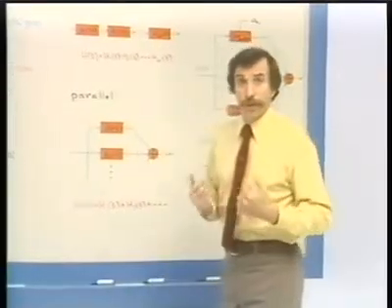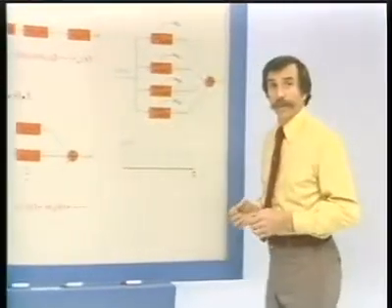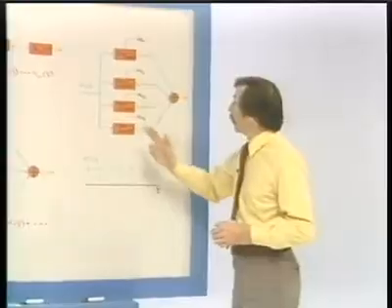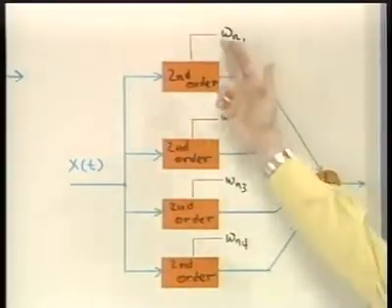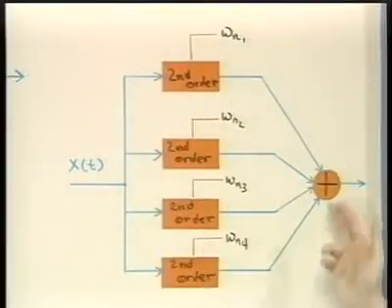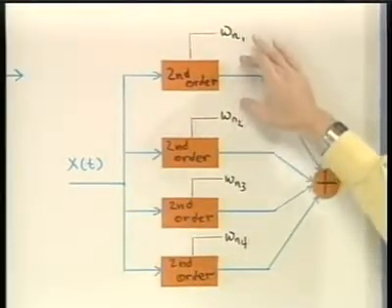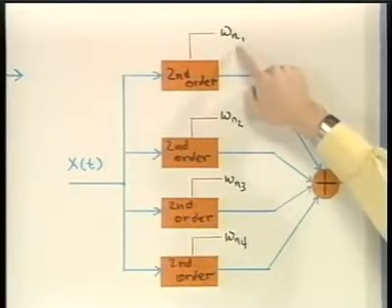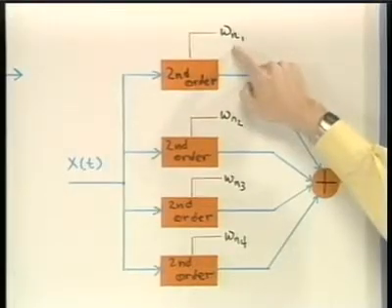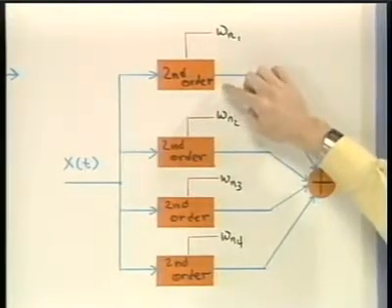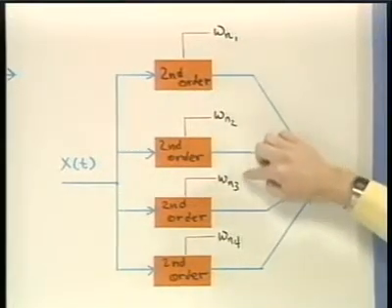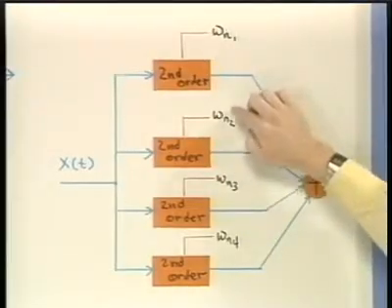And so for the synthesizer, what we have connected together in parallel is 4 second-order systems and a control on each one of them that controls the center frequency or the resonant frequency of each of the second-order systems.